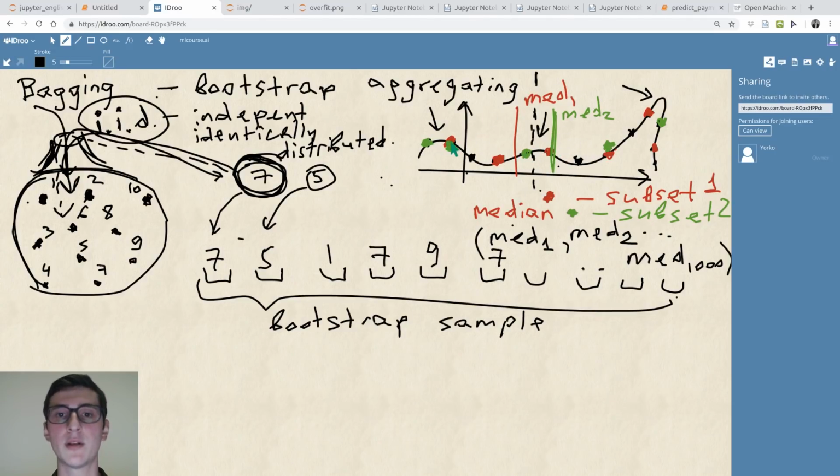Here we had a red sample and a green sample, and these were all bootstrap samples. You see some balls occur multiple times, and the number of unique ball IDs is less than 10, obviously.